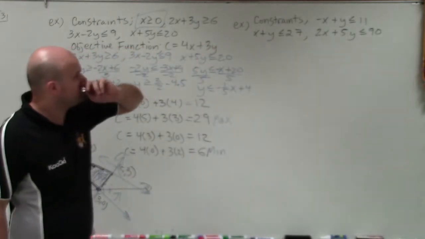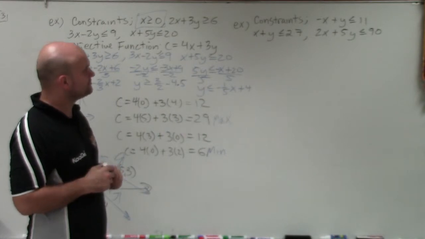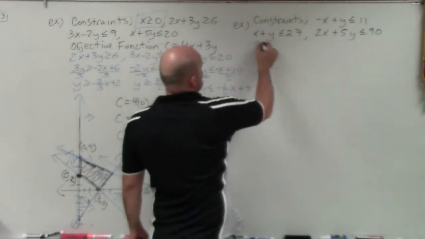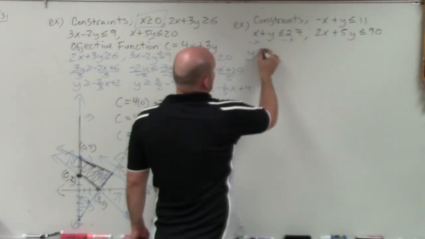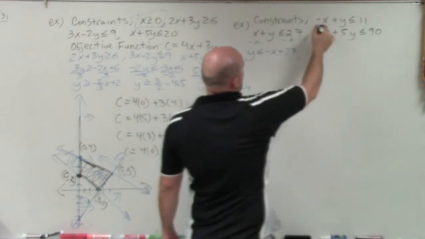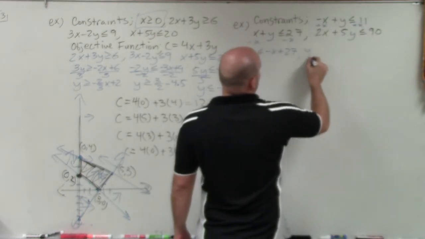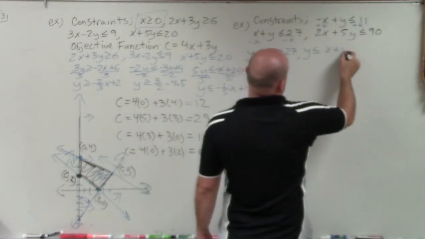OK, now let's get into the last one here. We have 3 constraints, and they're all linear. To write my constraints, I could subtract an x here, so I'd have y is less than or equal to negative x plus 27. The next one, I could just add an x to both sides, so I'd have y is less than or equal to x plus 11.